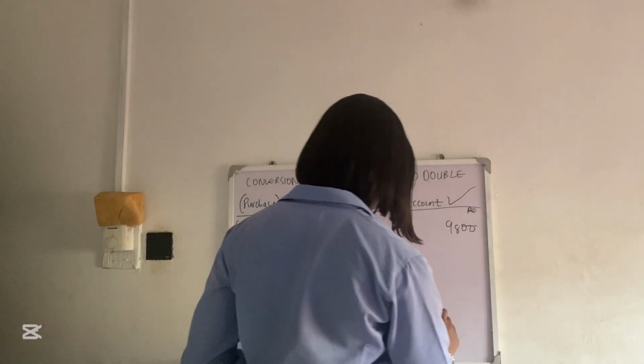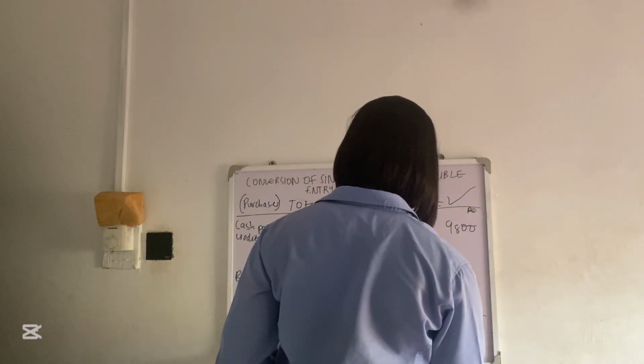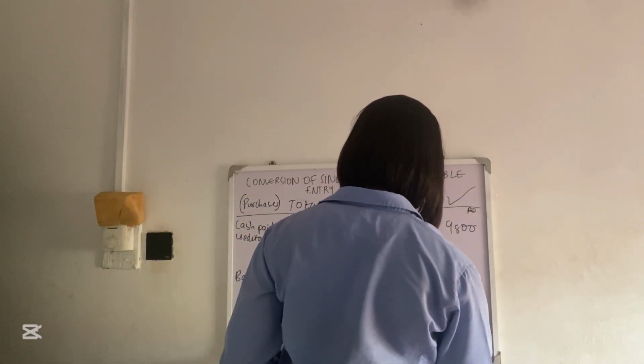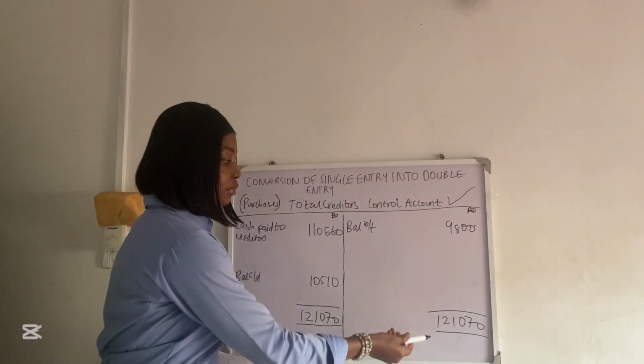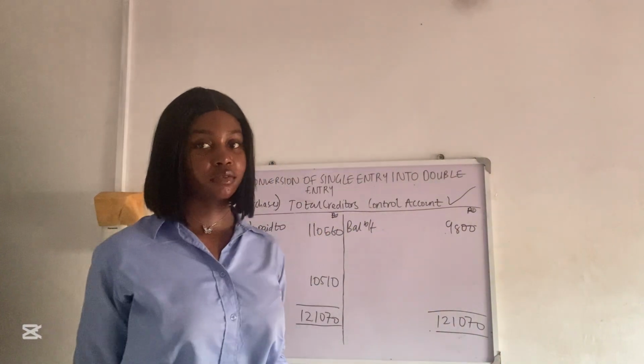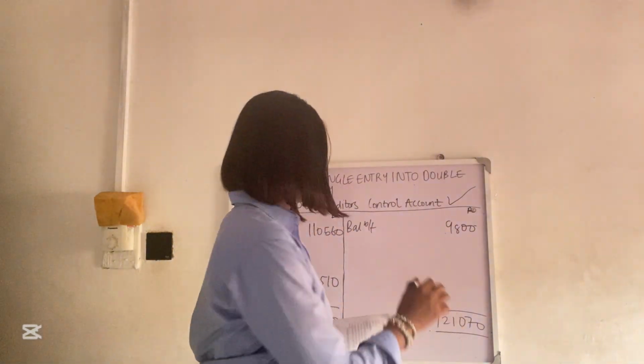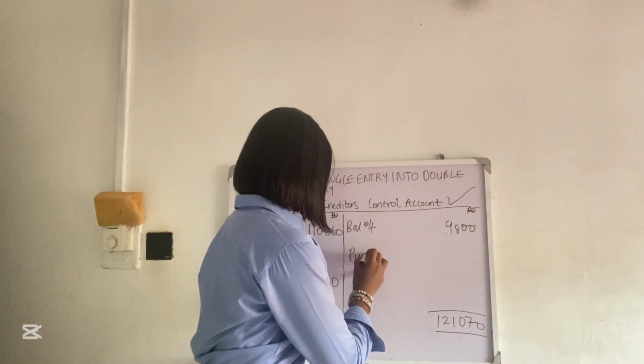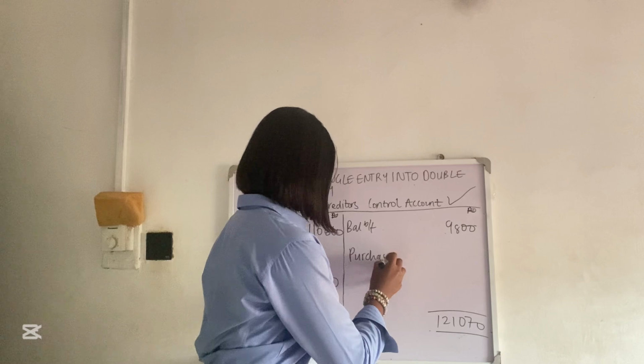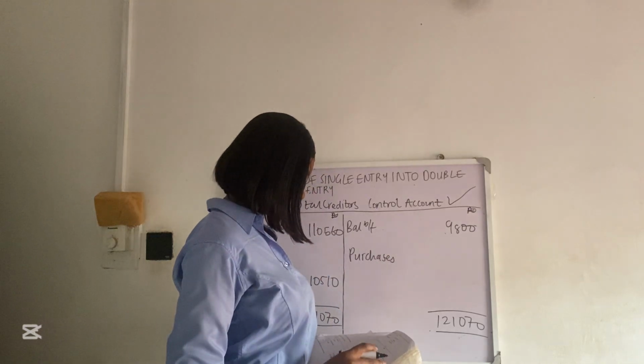Remember, I write it for the two sides. The difference between this and this will give us our purchases. As I told you, whatever you're trying to find will be your balancing figure. That's just the key. So now, purchases is what?